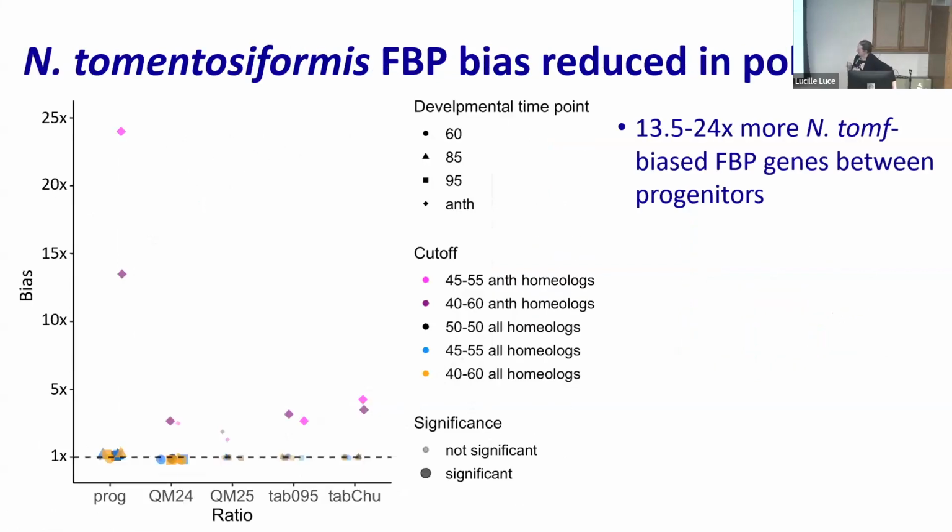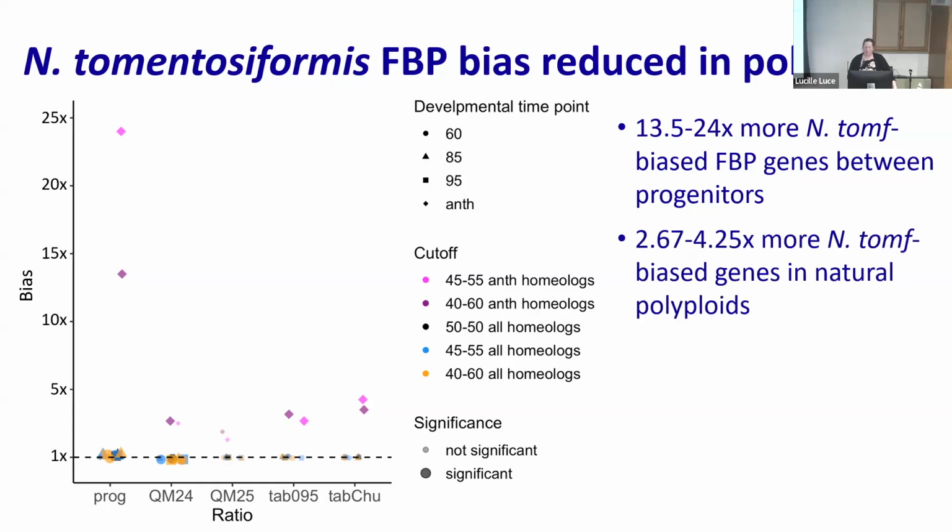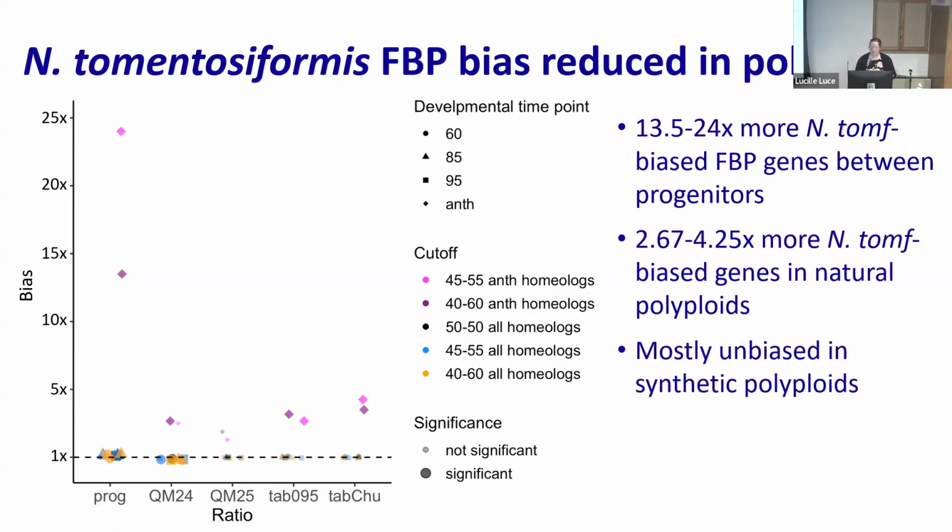So let's look at that in a slightly easier way. We can see that our bias has shifted a lot here, right? So we have a huge bias towards tomentosiformis in our progenitors, in our flavonoid biosynthetic pathway genes. But that is still present, but greatly reduced in our polyploids. So we still see this tomentosiformis bias, but it is way less present.